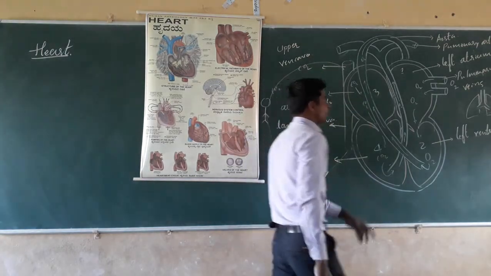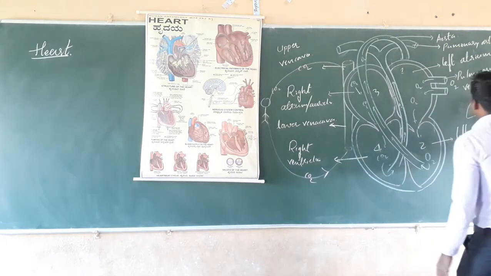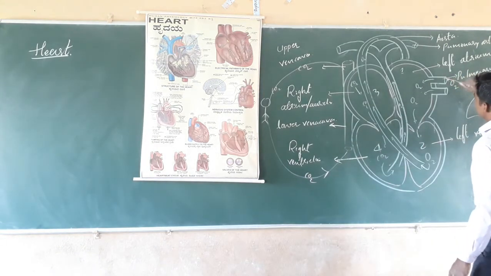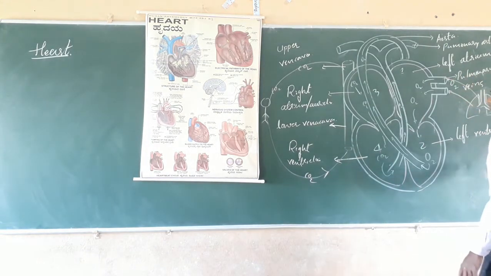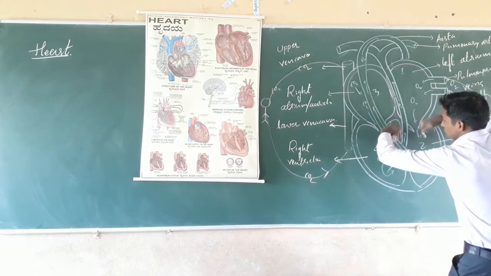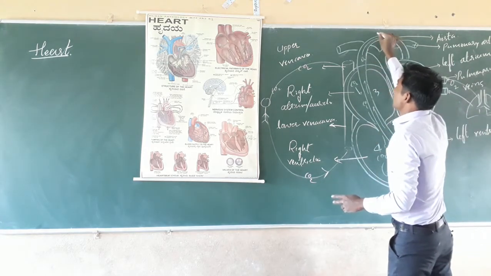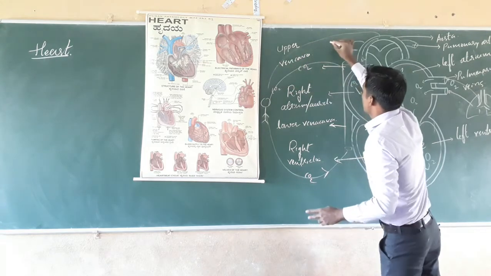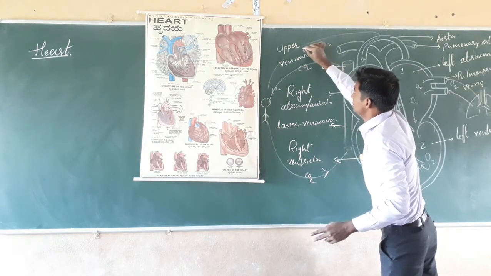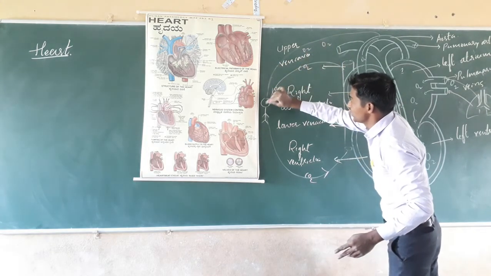At the same time, from the lungs, oxygenated blood will enter the left atrium. Then it contracts, both move down, and from here it will go to the body. That is, oxygenated blood goes to the body.